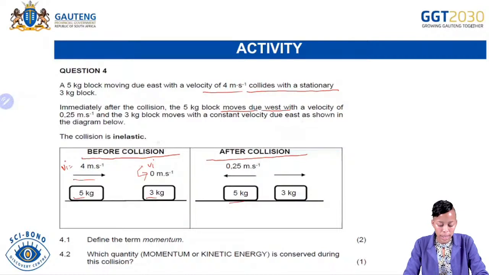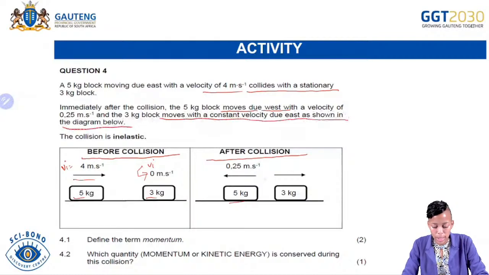And then it says the 3 kilogram block moves with a constant velocity due east, as shown in the diagram. East in this case would be to the right.